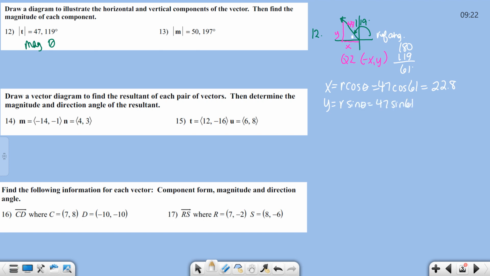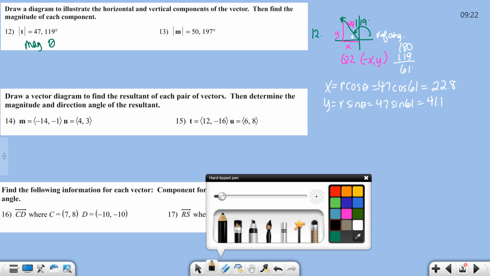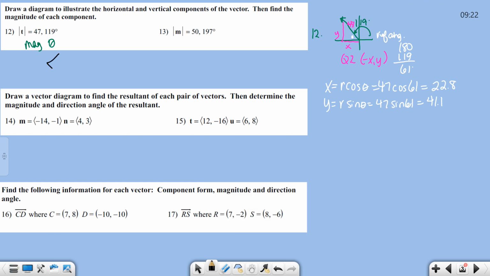So 47 multiplied by sine of 61 degrees. And that gives us 41.1 for its vertical component. So our answer for number 12, in component form, should be negative 22.8 for the horizontal and positive 41.1 for the vertical. Remember, we are in quadrant 2. In example 13, you're in quadrant 3, so you're going to have both negative x and y values for that one.